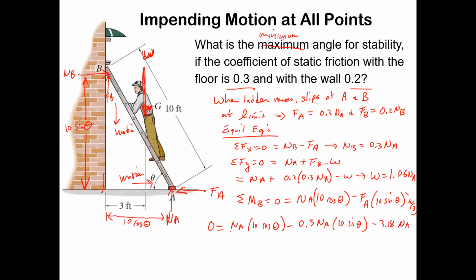And the NAs cancel out. Doesn't really matter what the weight of the person is. What really matters is that 10 times the cosine of theta minus 3 times the sine of theta has to equal 3.18.